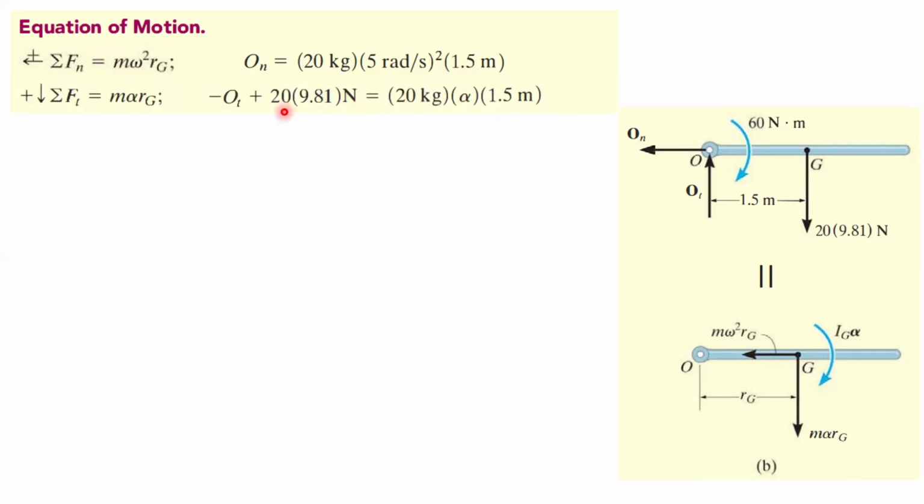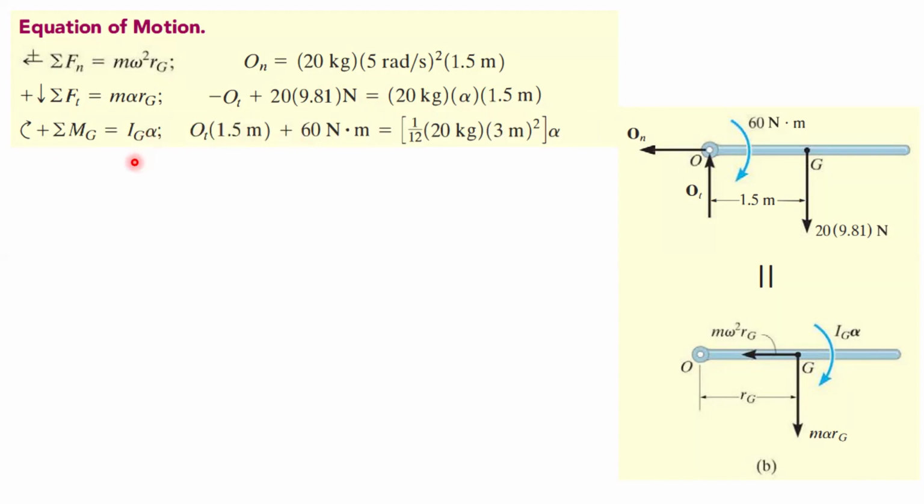Then the tangential force is m alpha Rg, so this Ot also is in that category. The mass times acceleration due to gravity, mg, is equal to mass 20 times alpha, then times 1.5.